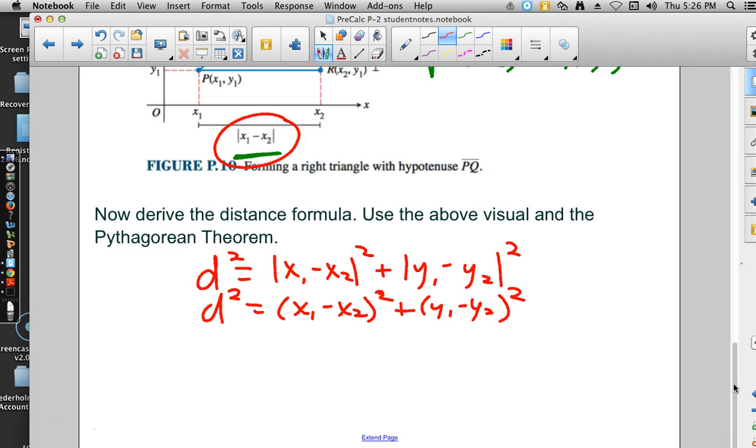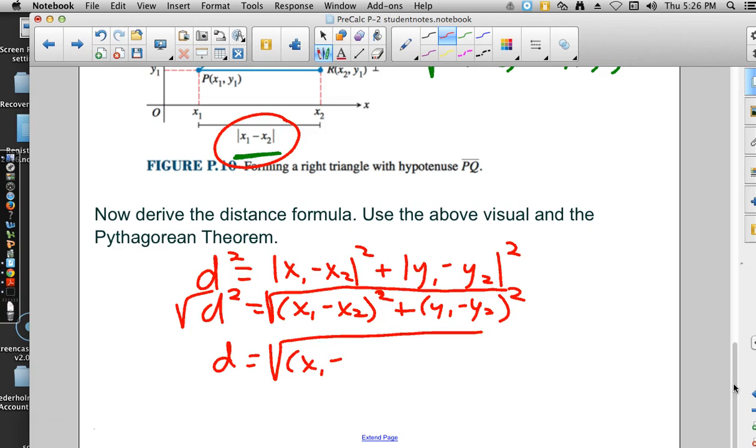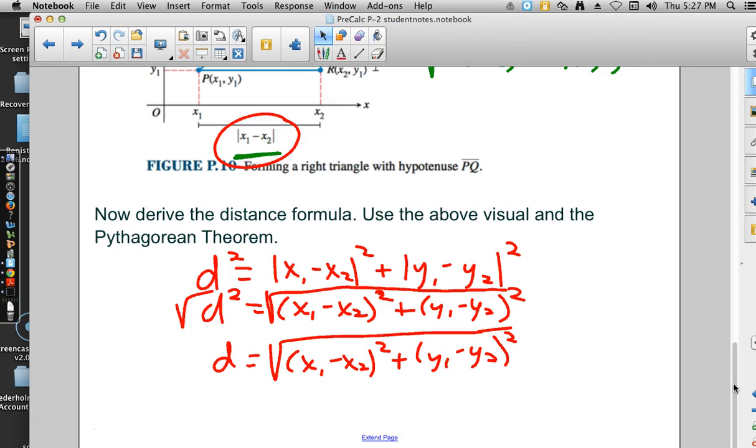It has to say d. Well, yeah, let's take the square root of both sides. Then bam, we've got it. There's a distance formula right there. You know, it doesn't take a lot to derive it. We already know the Pythagorean theorem. We know how to use it.